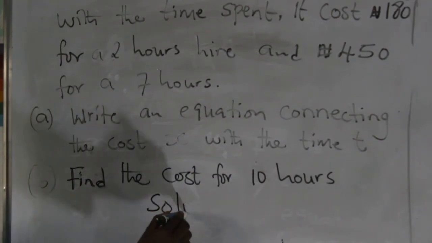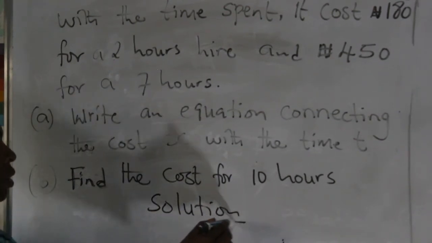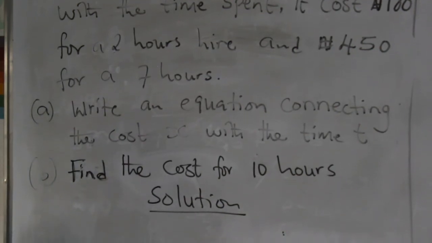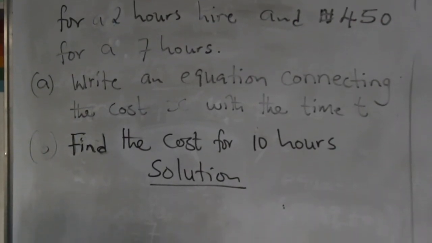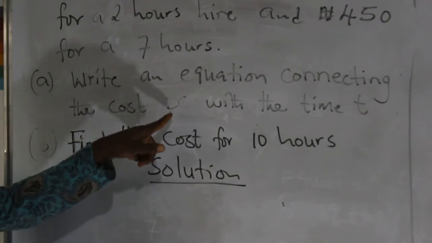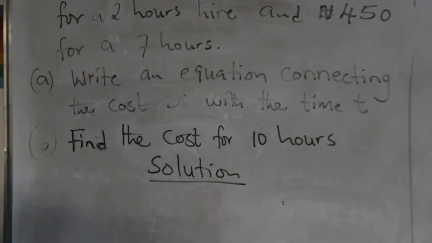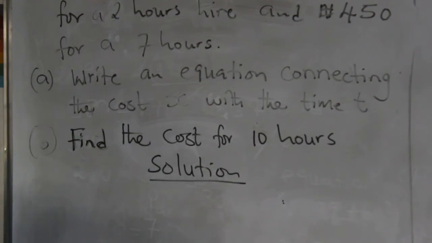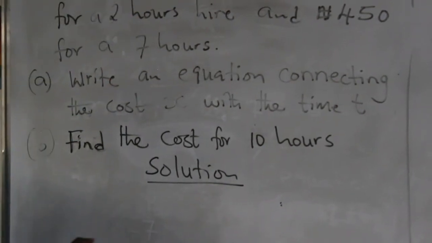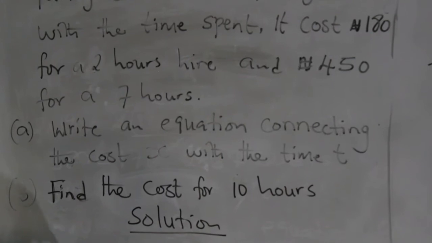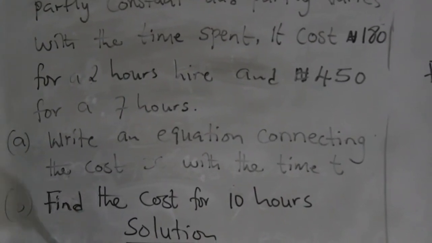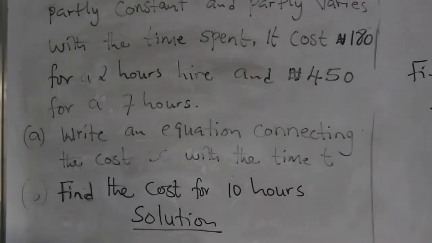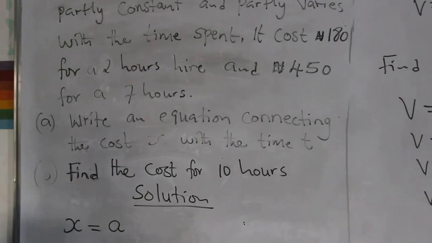So let's look at the solution. So let's first of all write the equation. The equation now, remember I'm using X for the cost and I'm using T for the time. So they say that the cost, which is X, is partly constant. So the constant now will be there.